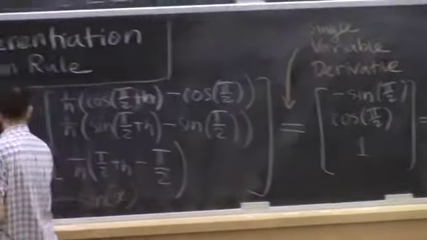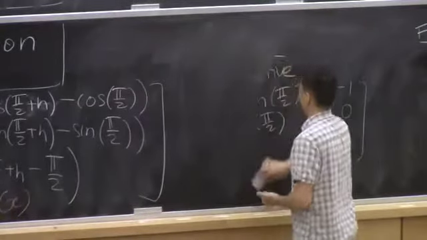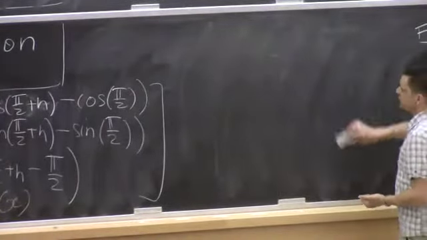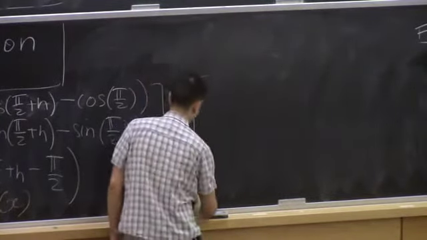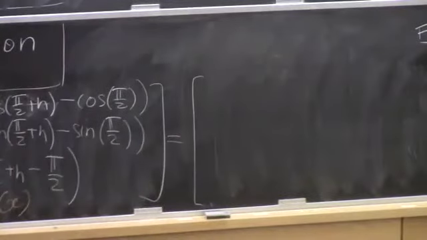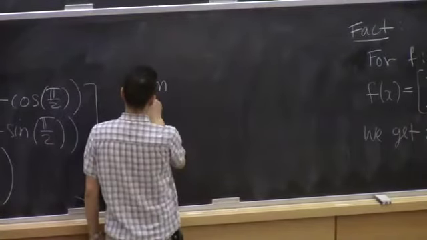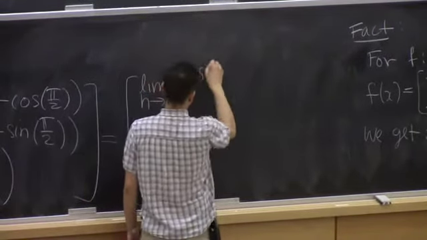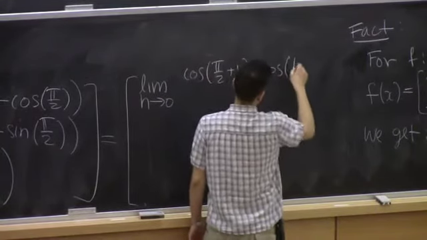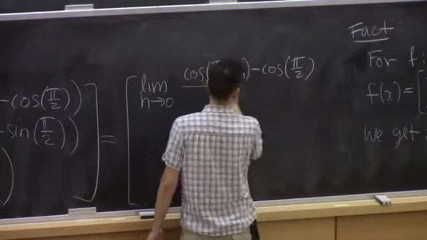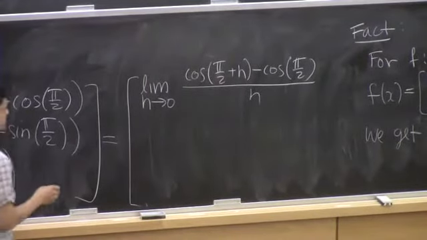Okay, so let's do one more step in here, just so that it becomes very nice. When we take this limit inside the vector, we get something like this.